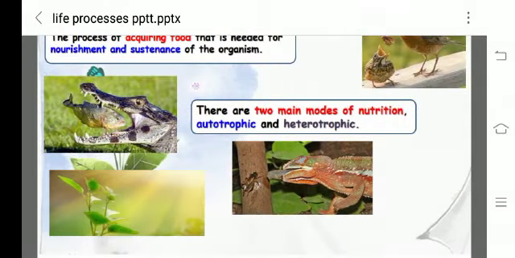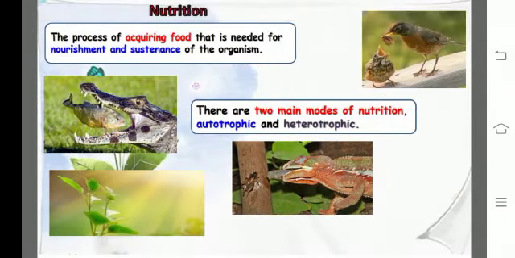Next we are going to see about nutrition. What is meant by nutrition? The process of acquiring food that is needed for nourishment and substance of the organism. Acquiring food: why do we eat food?